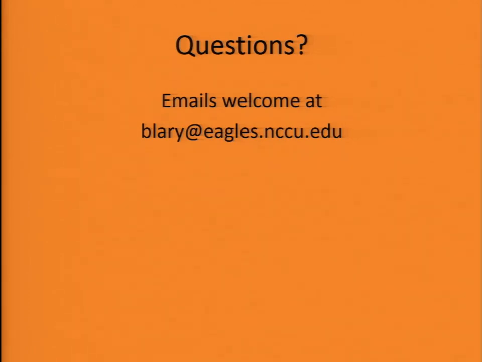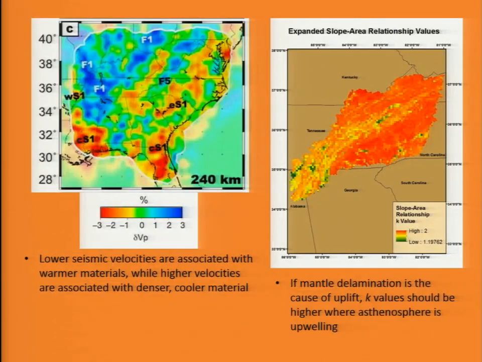Yes? When you were talking about lower seismic velocities, you're speaking of the actual rate of movement, correct? The rate of movement that a seismic wave travels through material. So not like the earthquake magnitude, the numbers that correlate with the 7.2?